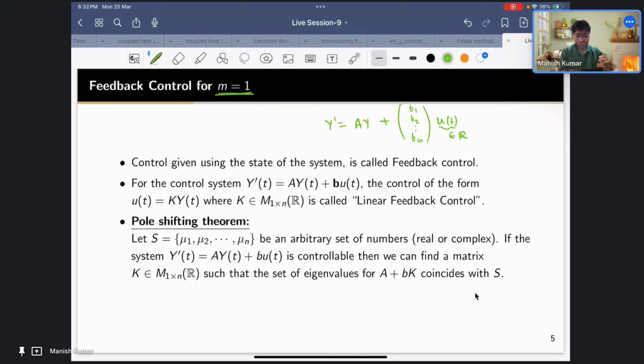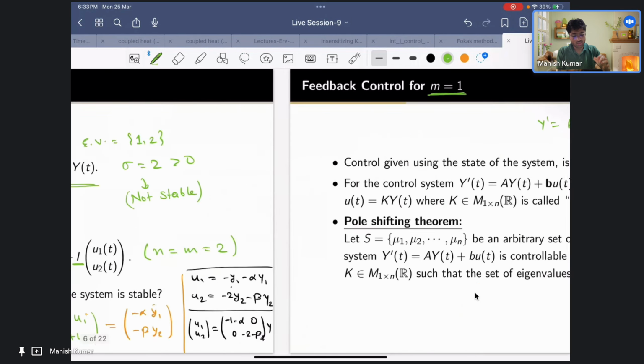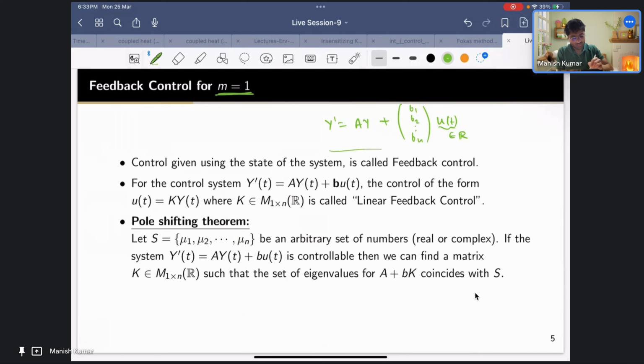In this case our goal is to do a stabilization using feedback control, and in that I'll be using this theorem. Such a K exists, and there are some steps to find it, we'll come to that.